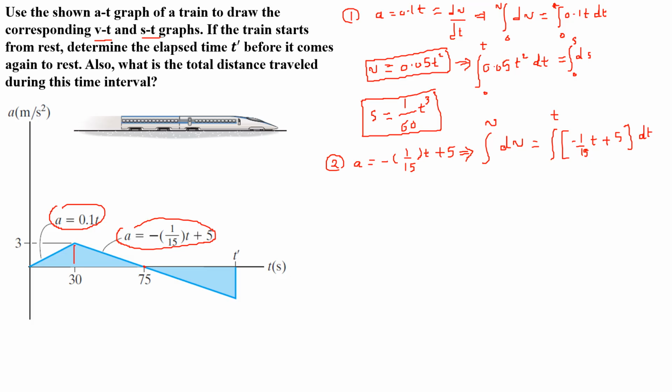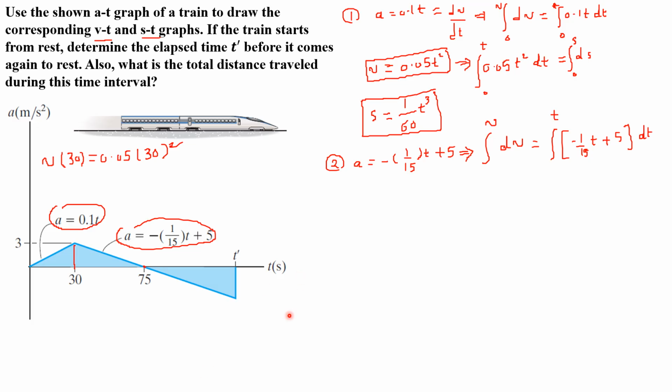Okay, now to find what will be the velocity here at this point, what we can do is go back to this equation and replace the time by 30. So now I want to find the velocity here, and I already found this function or this curve. So I can say the velocity at 30 seconds is simply 0.05 times 30 squared.